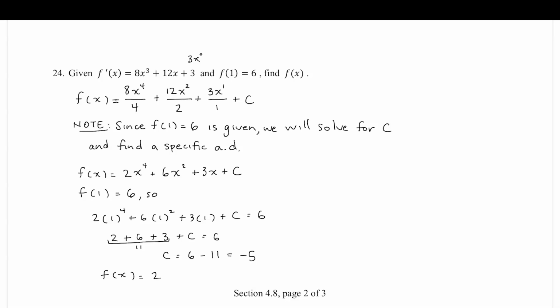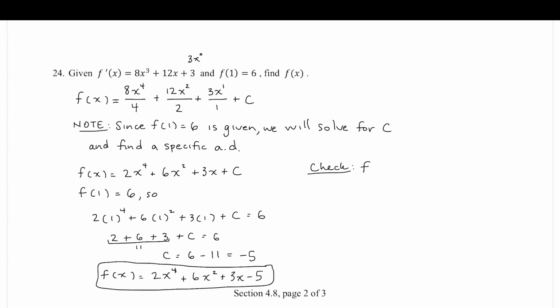So apparently, my little f function is 2x to the 4th plus 6x squared plus 3x minus 5. That's the antiderivative, and it is a specific antiderivative whose value when x is 1 is equal to 6.